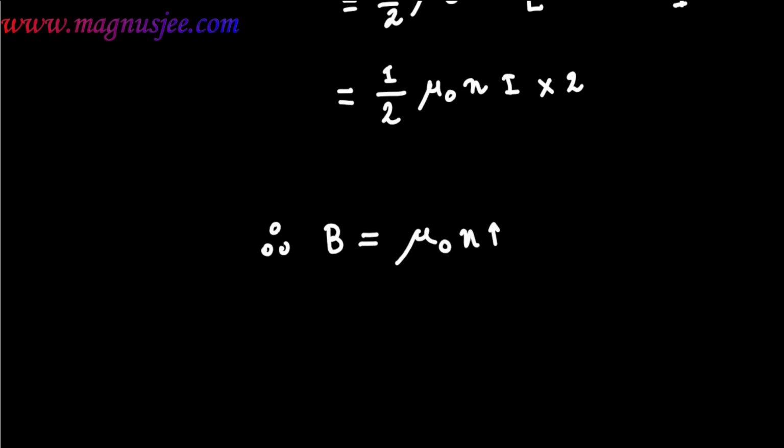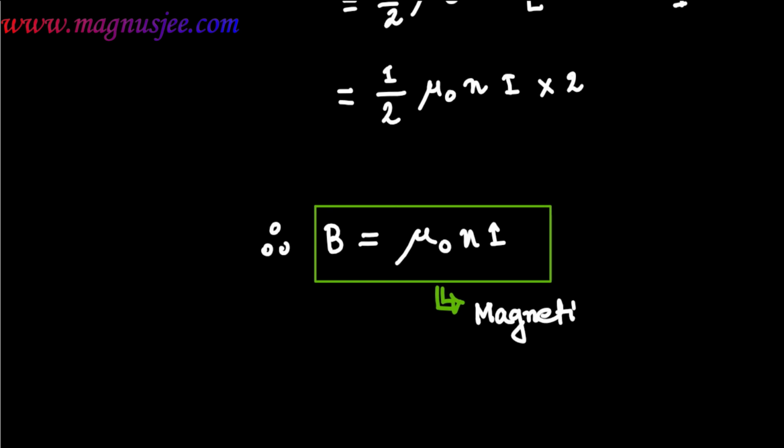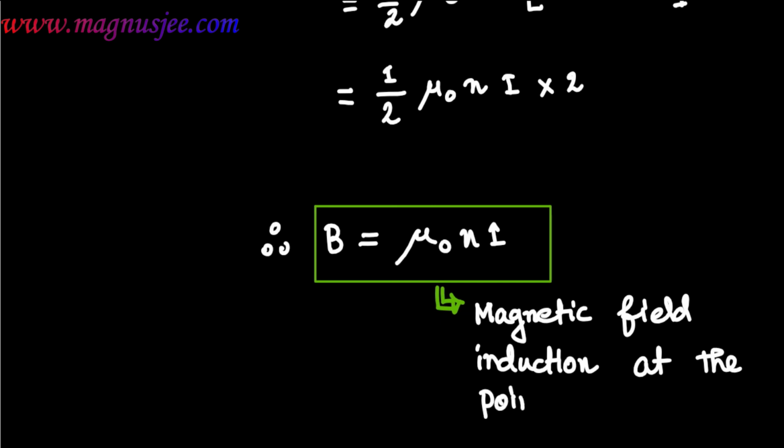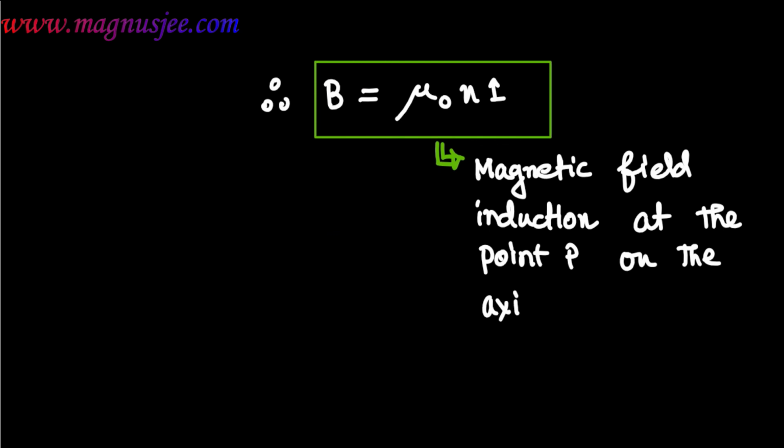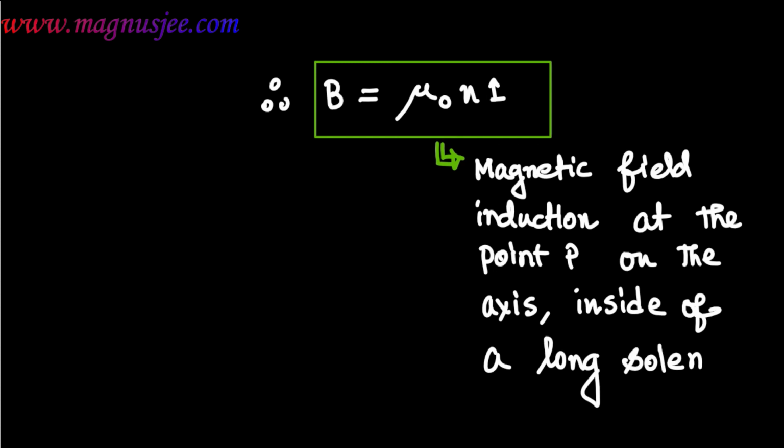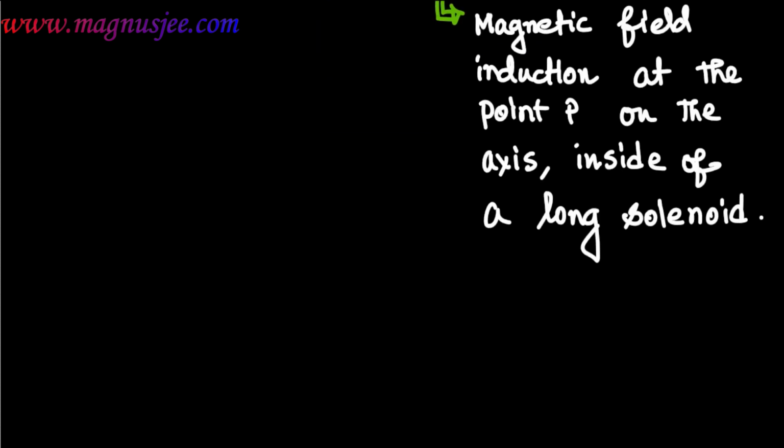Therefore B equals mu 0 small n capital I. This is the magnetic field induction at a point P on the axis and inside of a long solenoid.